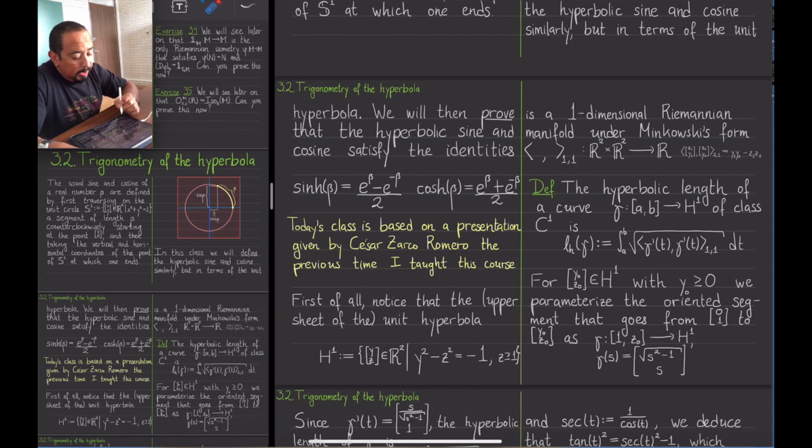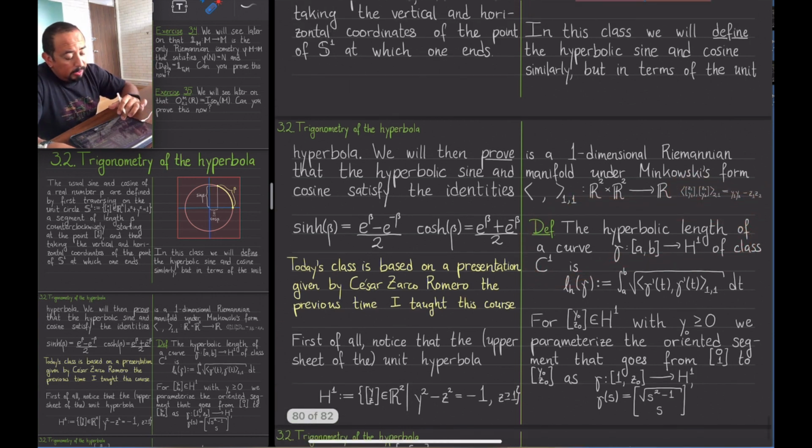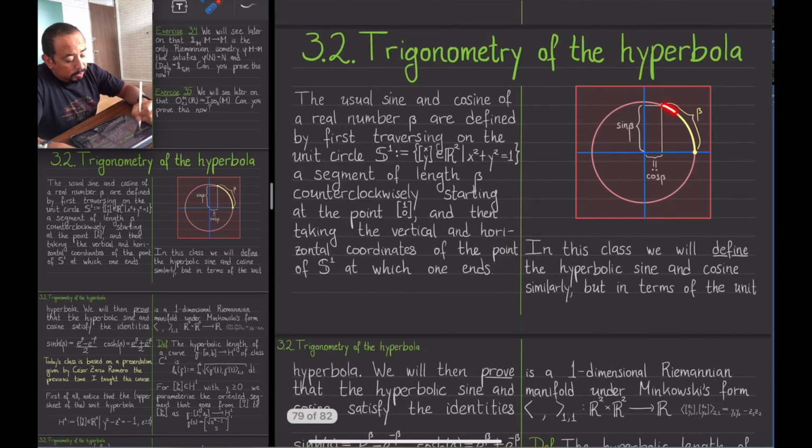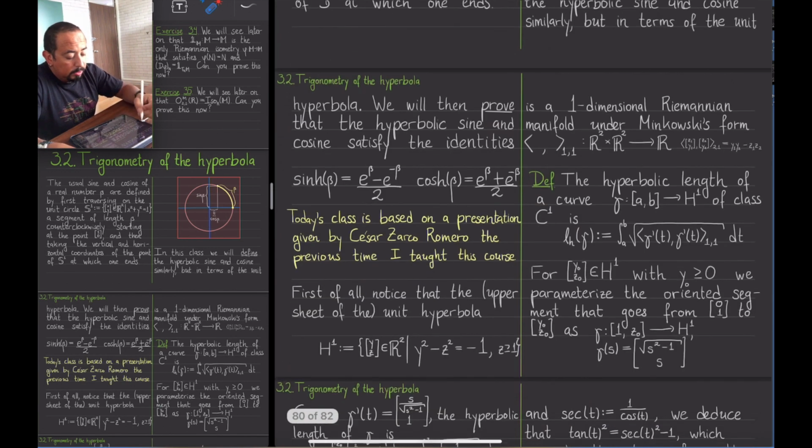Okay, and it is with respect to this Minkowski's form that we are going to define the length. So when we measure length, instead of working with the Euclidean dot product, we're going to do it with Minkowski's.